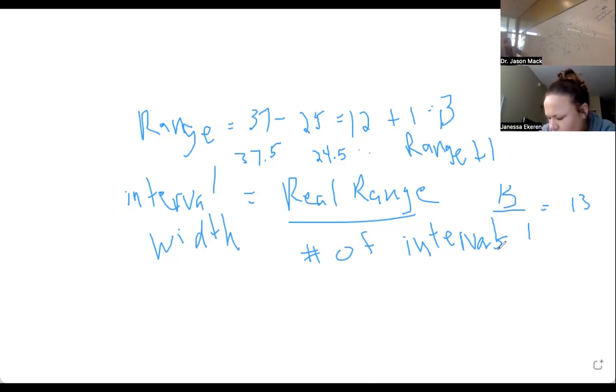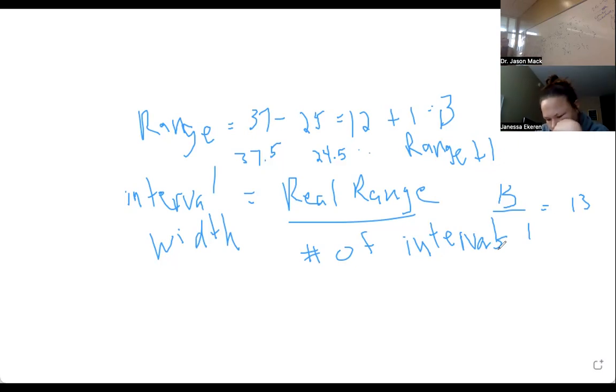Well, 43 comes before 44. So the first lower boundary is 43. Do we count the 1? The 1 counts as a lower boundary too. We figured that out a different way. So we said 43, 65, 87. And then we found that the interval distance, the difference between those, was exactly 21.